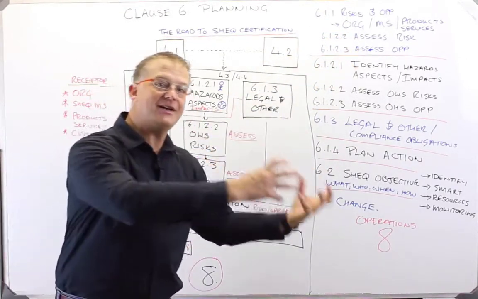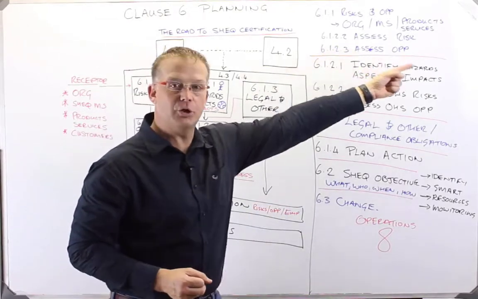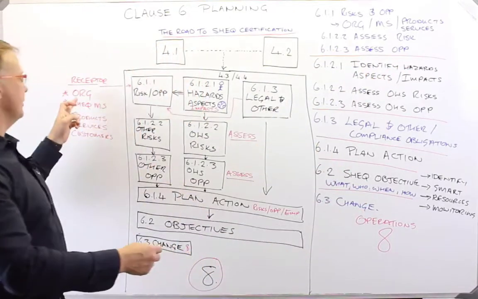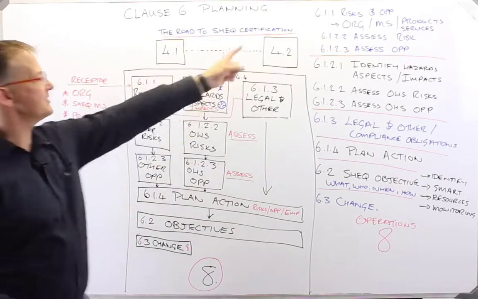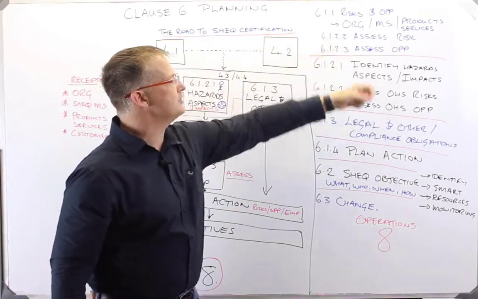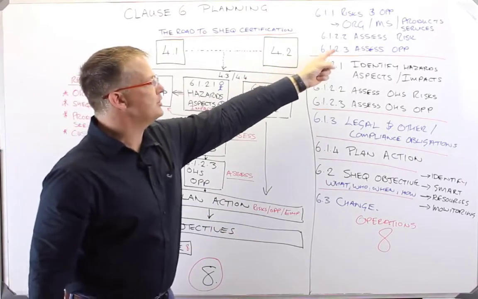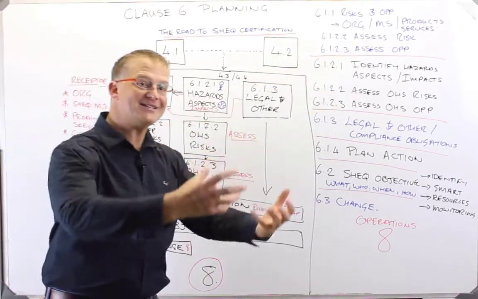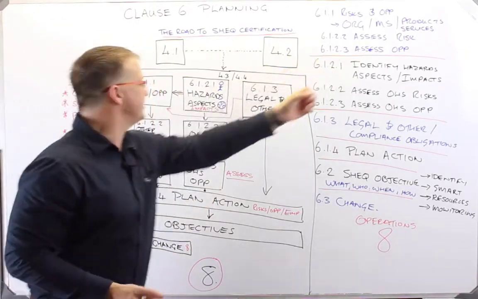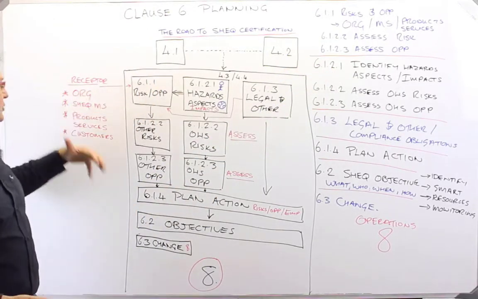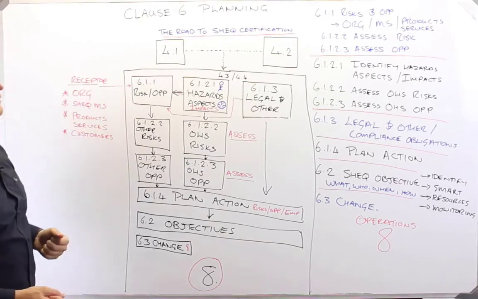What is the significance of that particular risk to the organization, the management system, product, services, or customers? That's in 6.1.2.2. In 6.1.2.3, we assess and estimate the opportunity. So what is the opportunity to the organization, to the management system, to the products and services?